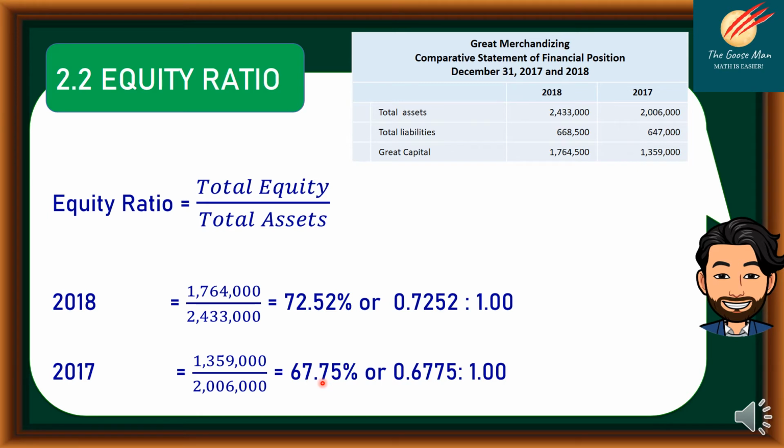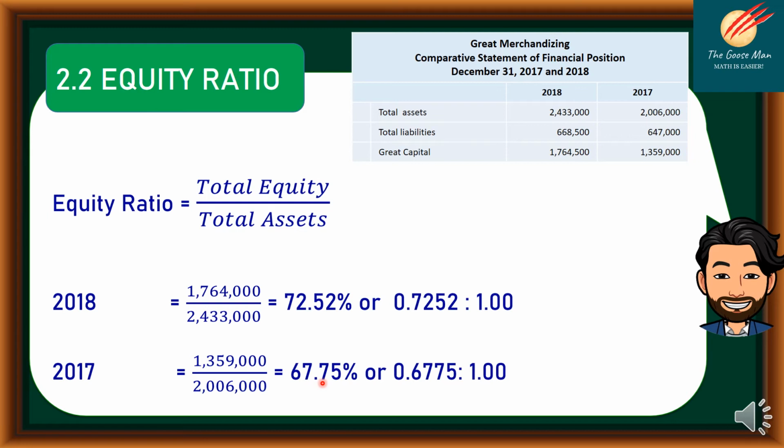So it may appear in 2017 that the owner of the business provided 67.75% of the total resources used in the operation. This ratio may also suggest that the owner supplied 67.75 cents for every 1 peso on the total assets of the business, while the creditor provided 32.25 cents.